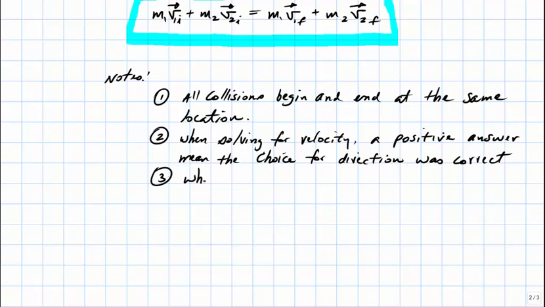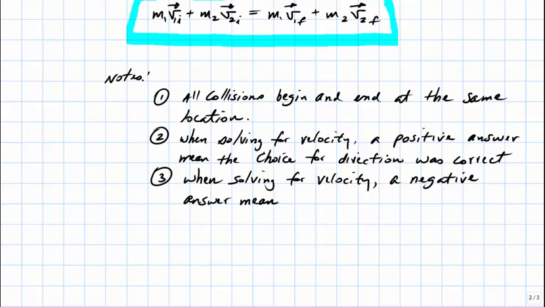And so, the third note reflects this. When solving for velocity, a negative answer means the choice for direction was incorrect.